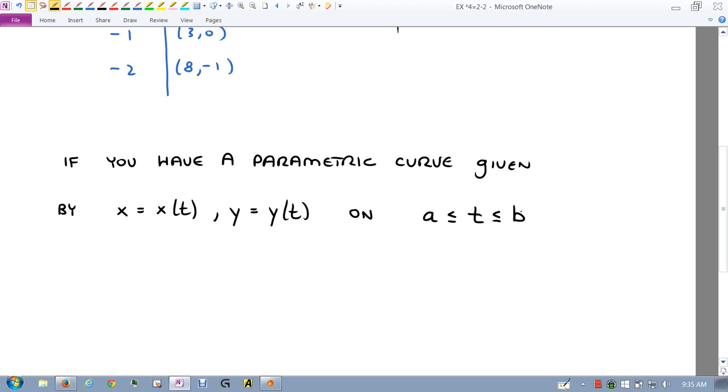So in other words, you're restricting the domain, right, to a closed interval.